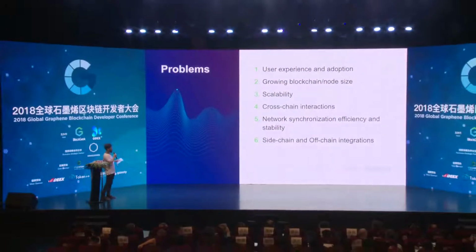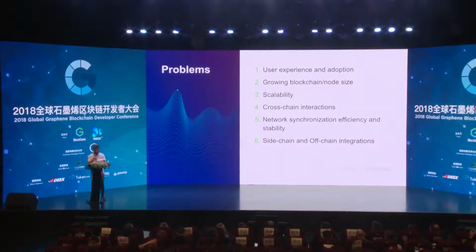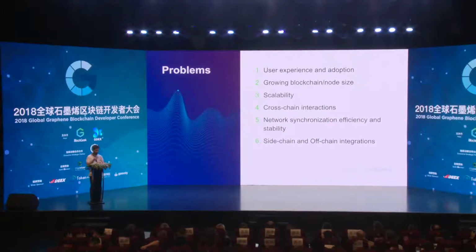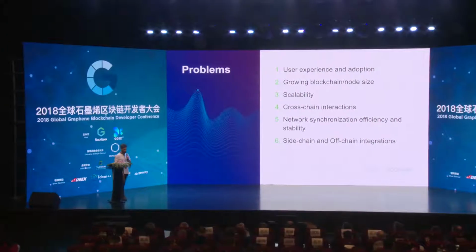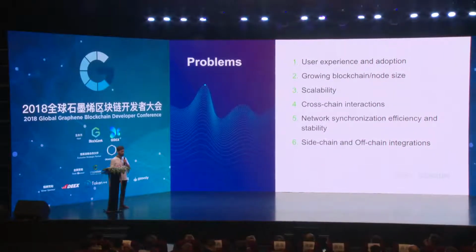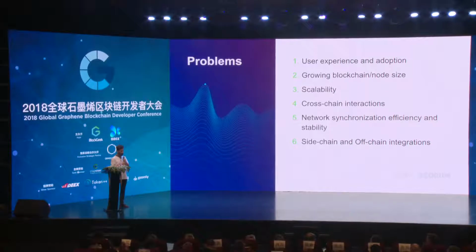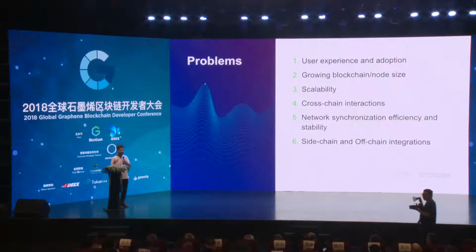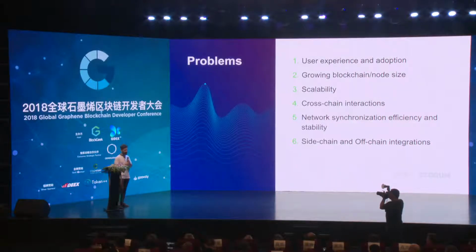So what are the current problems? User experience and adoption rate for blockchain projects is really the issue. However, the BitShares team has done a really great job in addressing this problem by introducing named accounts, free transactions, and a really fast blockchain which can be used like a regular backend, with no delays of 10 minutes.